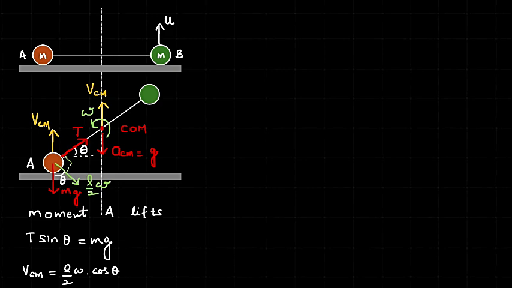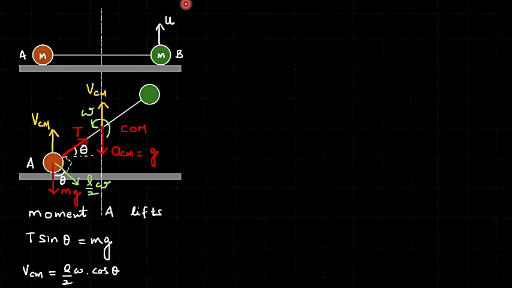And what are the forces acting on the system? Before it has lifted, there was a normal here, and A was moving along the floor, so the normal was not doing any work. The other forces, tension is internal, and mg is conservative, so the mechanical energy would be conserved.